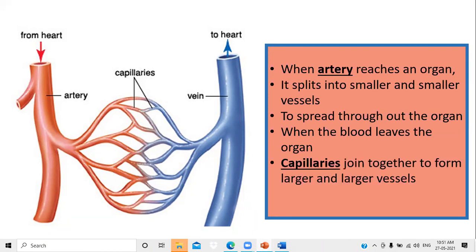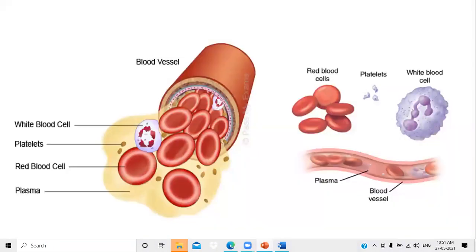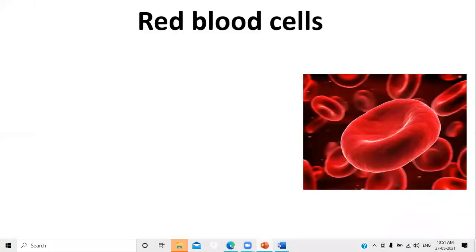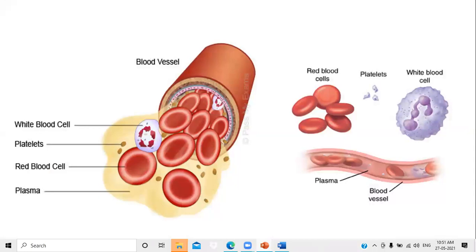In those 6 minutes, we're going to talk about the blood cells. We already know them, and we already know what their jobs are, so we're just going to repeat what we said about them. We know that the blood contains a liquid and some cells.